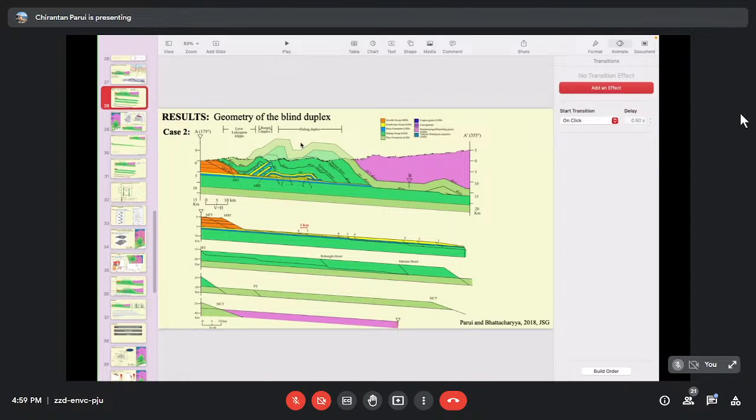The recent advances that have happened very recently by a group of workers from University of Pittsburgh, Nadine McQuarrie's group, are to get more constraint on the subsurface geometry. They subject the models to two additional checks: flexural kinematic modeling of the cross-section, and thermokinematic modeling.